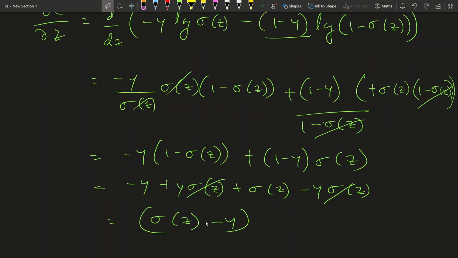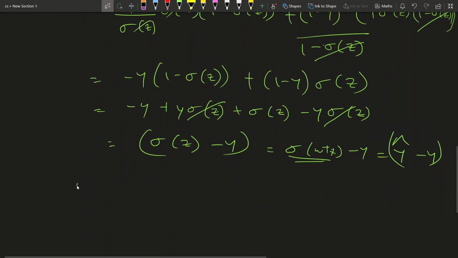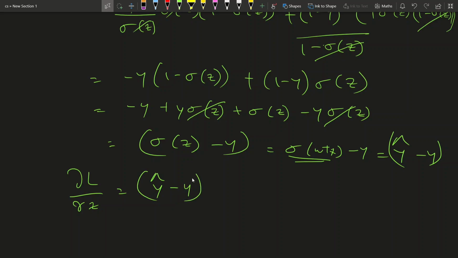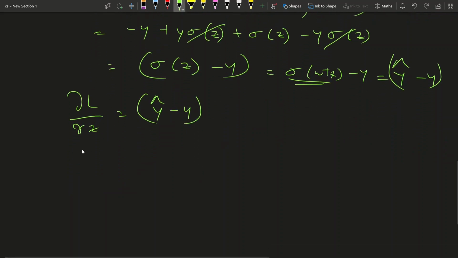Sigmoid of z is nothing but sigmoid of w transpose x minus y, and this entire expression is my y hat minus y. So del L by del z will be my y hat minus y.